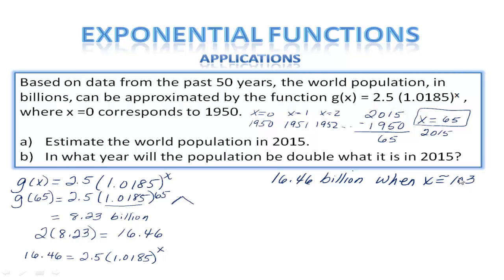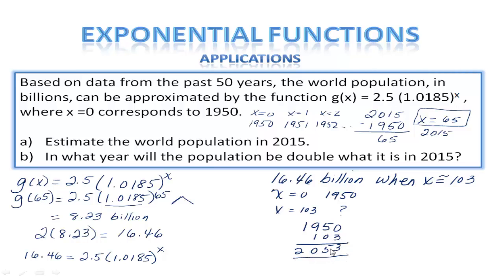Now we need to know what year this is. So if x equals 0 is 1950, x equal 103 is what year? That means I would have to add 103 years to 1950. And that gives us the year 2053.